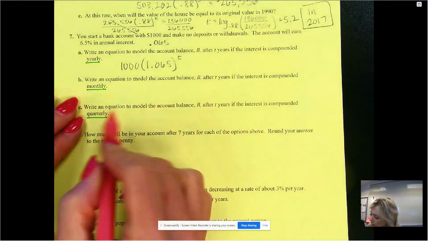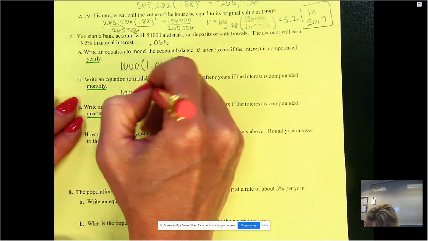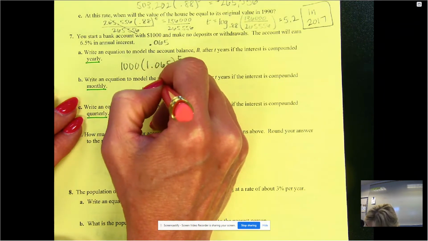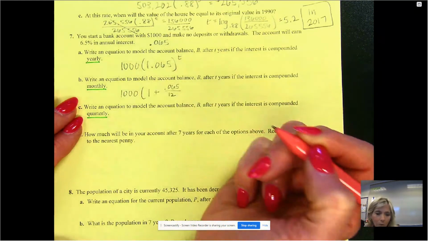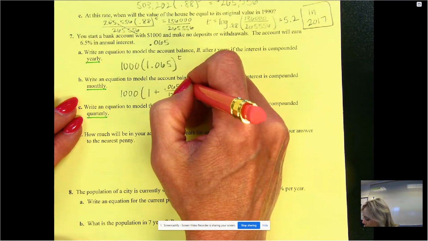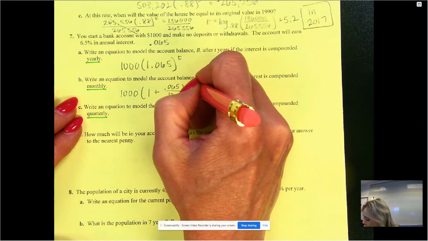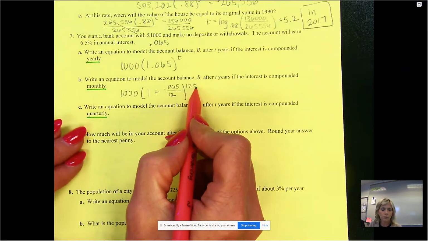But now when it's monthly, 12 times a year, we're going to divide up the interest into 12 parts because only a little bit each time. But then we have to multiply by 12 out here to show it happens 12 times in a year.